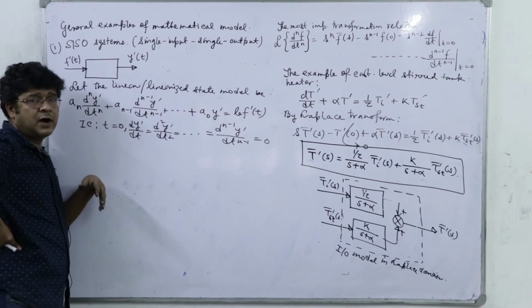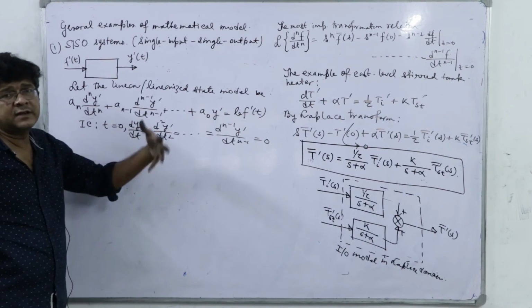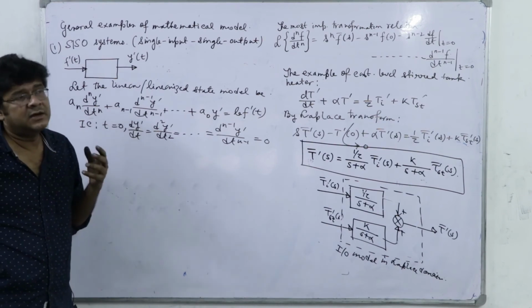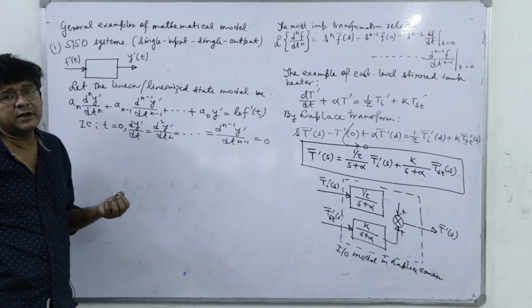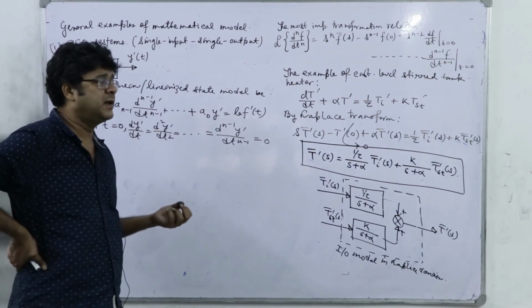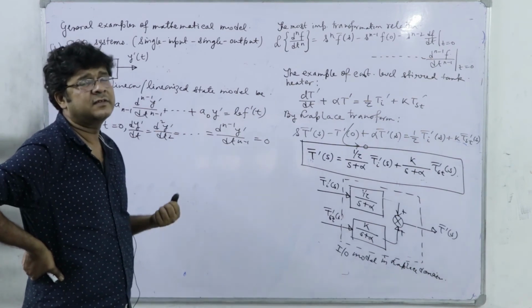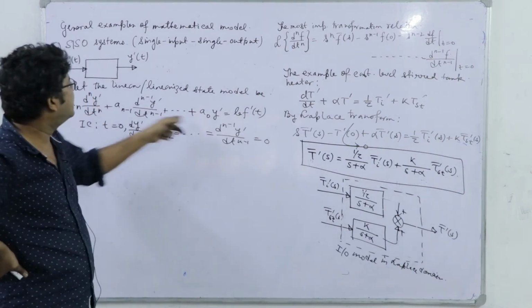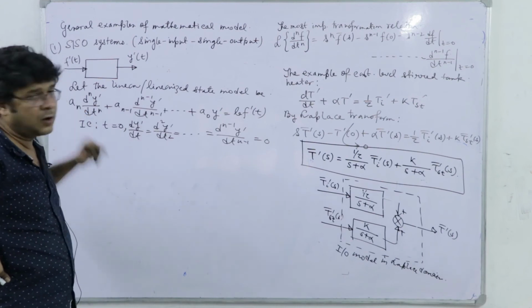This is true for any higher order system. The order of the system means the order of the differential equation which represents the state model of the system, like this is a system of nth order.